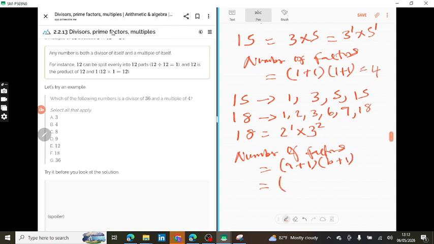What is A? 1. So that is 1 plus 1. B is what? So that is 2 plus 1. And 2 times 3 is 6. So that is the number of factors. That is how to get the number of factors. All right, so that should be all for number of factors.